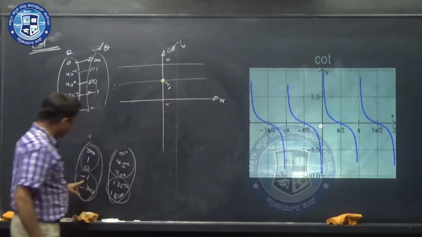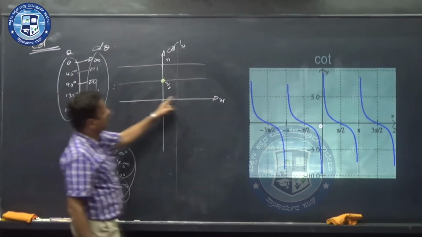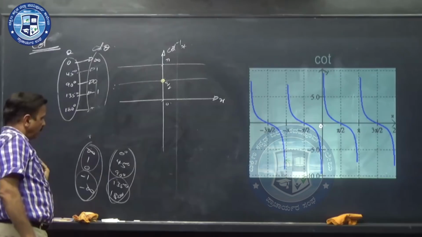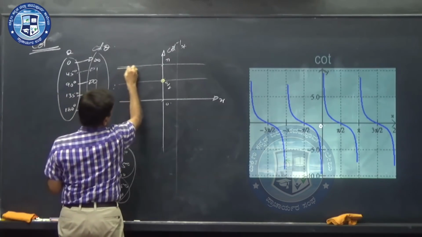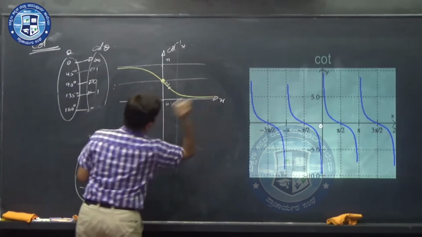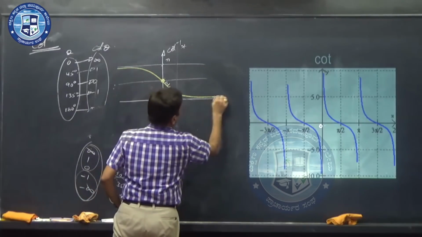When x is infinity, you find that the angle is 0, and when x is minus infinity, it is 180, which means pi. Therefore, the graph of cot inverse x versus x will be like this. Look at this. It is an asymptotic curve.